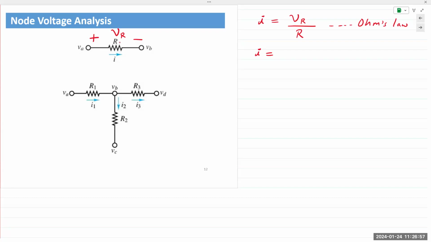The resistor voltage VR is VA minus VB. Current I direction is an assumption, but that assumption gives me VR as plus on the left, meaning A is higher than B, and so I is equal to VA minus VB divided by R. So these are the two steps that we will use: you express the resistor voltage in terms of the node voltages.